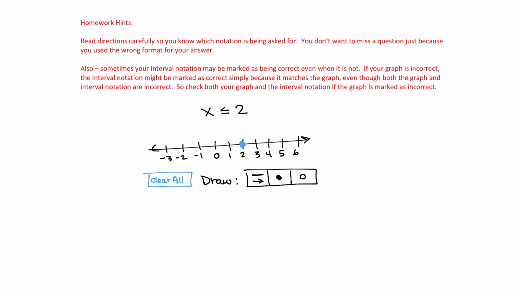You'd start your cursor right here, and then you would drag it this way and let go right here, and the arrow is going to show up. Just like that. The computer does everything for you. You don't even have to worry about it.